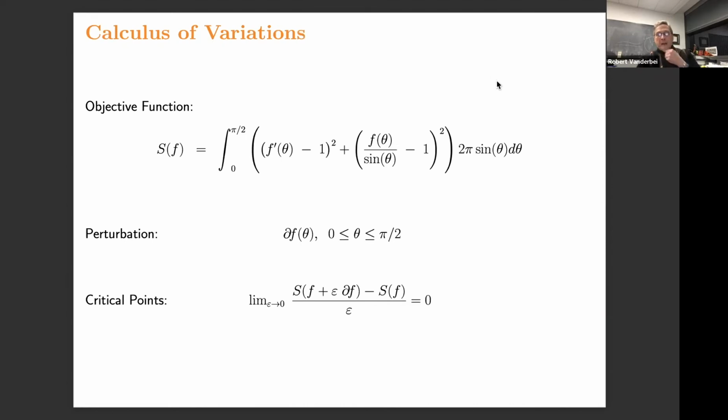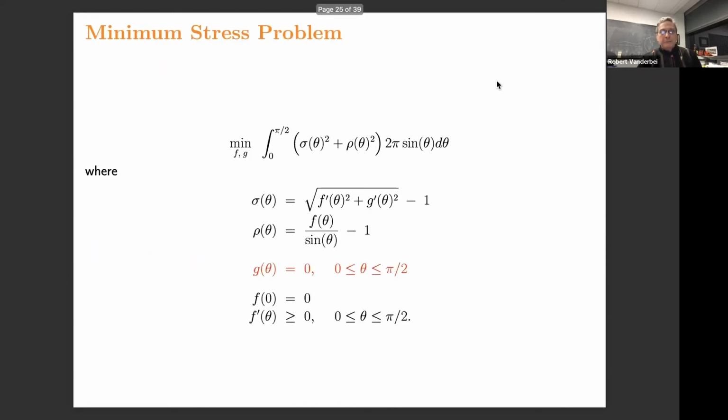Okay, so we have an optimization problem. Let me go back to it. Here's an optimization problem. This is what's called an infinite dimensional optimization problem. My variable is the function f of theta. Usually in operations research, your variable is a vector x, x1 up to xn for n some dimension. And we write x without the subscript i to represent the vector.